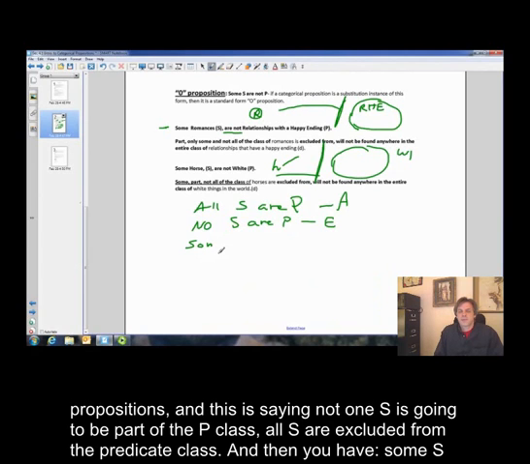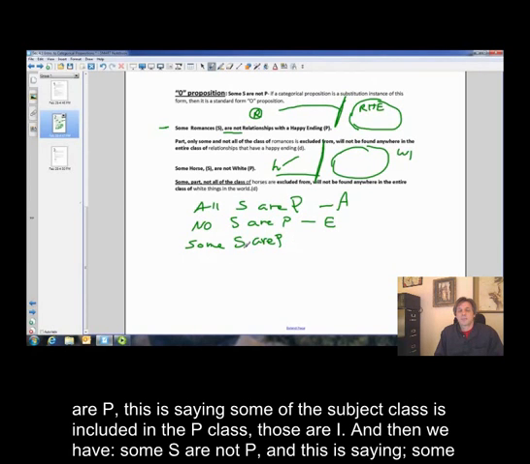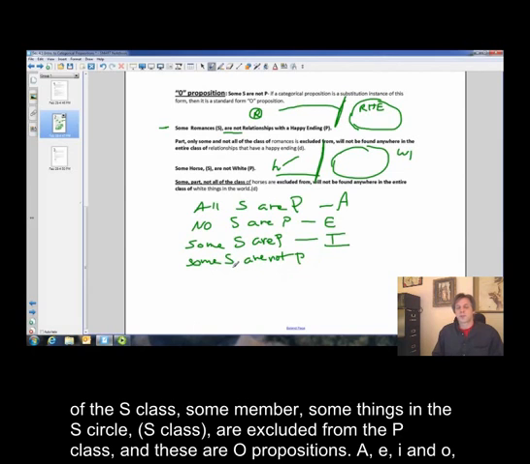And then you have some S are P. This is saying some of the subject class is included in the P class. Those are I. And then we have some S are not P, and this is saying some of the S class, some members, some things in the S circle, are excluded from the P class, and these are O propositions.